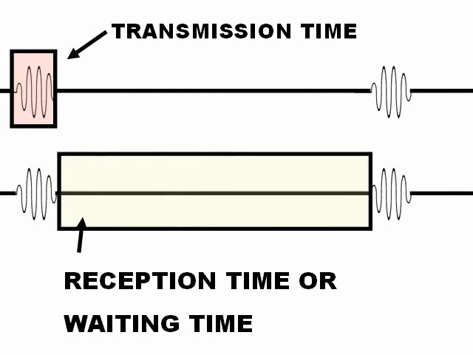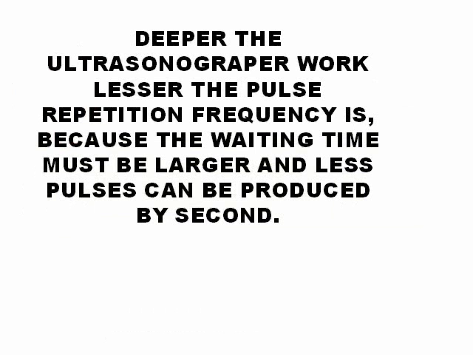You change the time of reception when you change the depth. More time waiting for echoes. That means that you are working deeper. The deeper you work, the lower the pulse repetition frequency because you must wait more time for echoes.